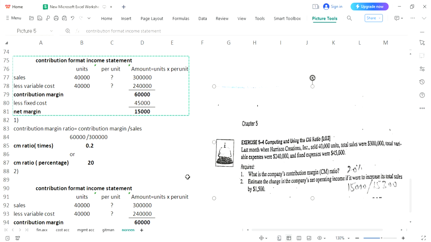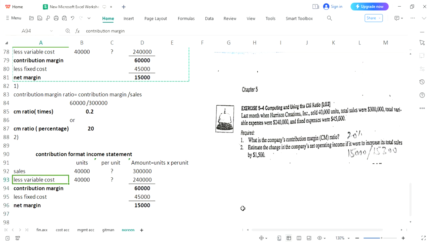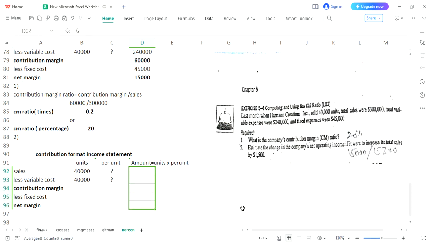What he is asking is to calculate net operating income by increasing the sales. So come over here. We are going to change everything. Units may or may not be mentioned, but here you will calculate your new income statement. Now let's see what you have to do.